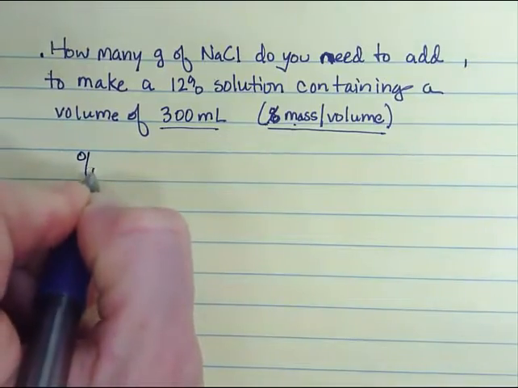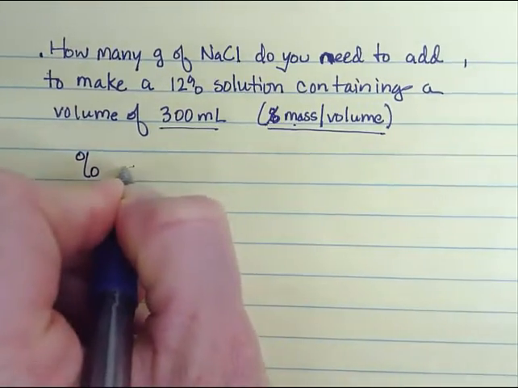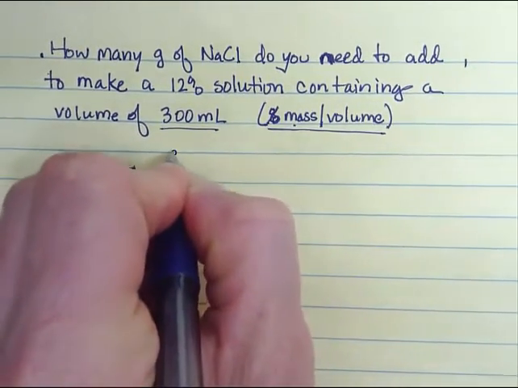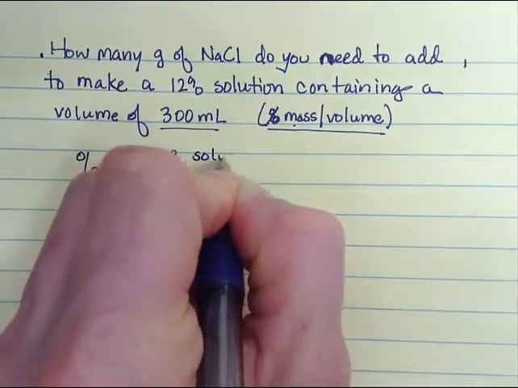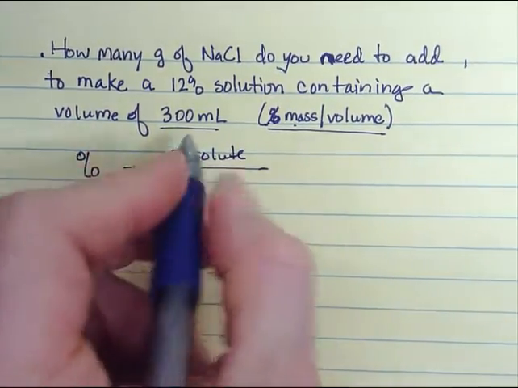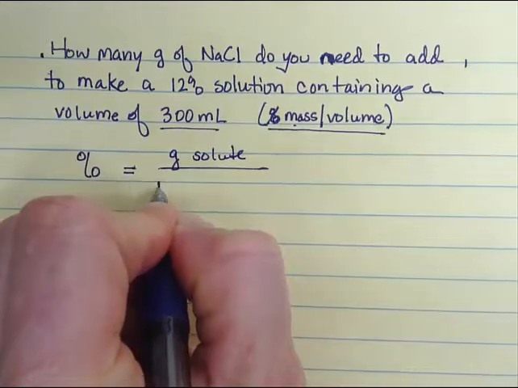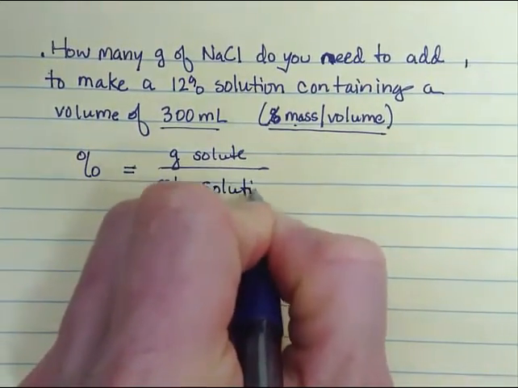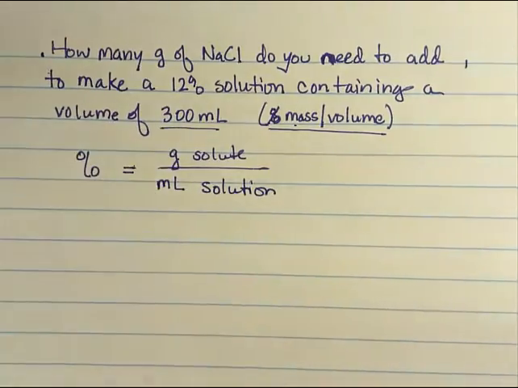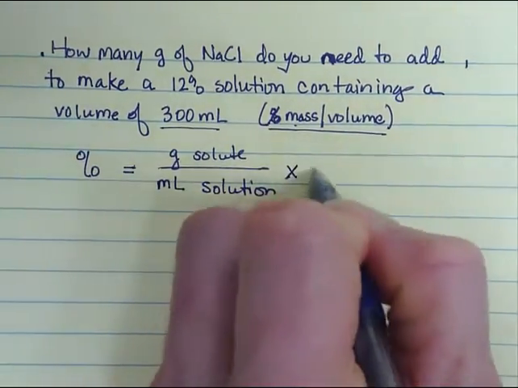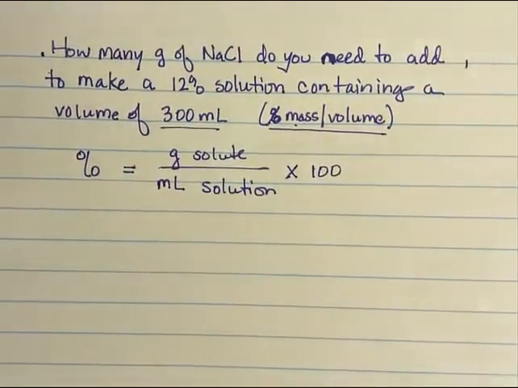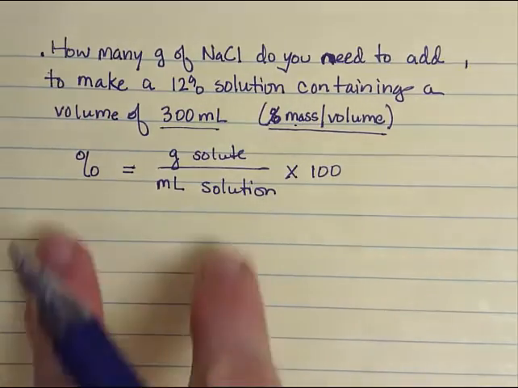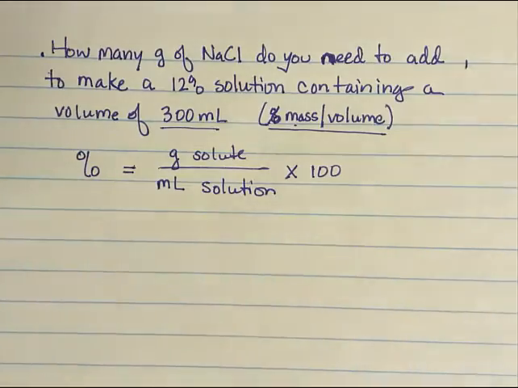We need to remember that definition, that percent solution is going to be grams of solute over the volume in milliliters of the solution. So we know our total volume is going to be 300 mils, and this is multiplied by 100 to get the percentage. So that's essentially what our percentage actually means.